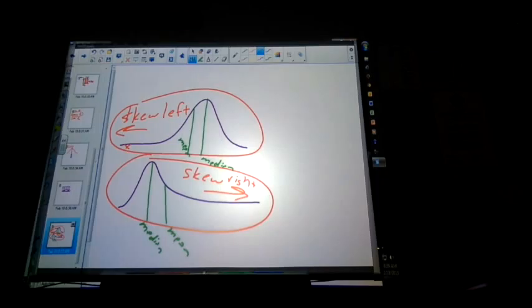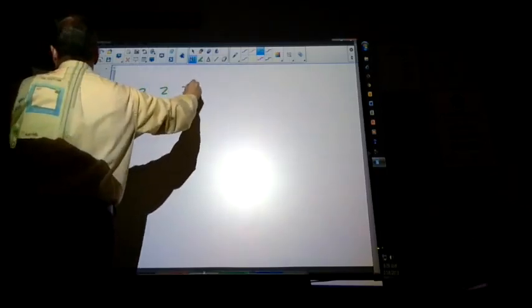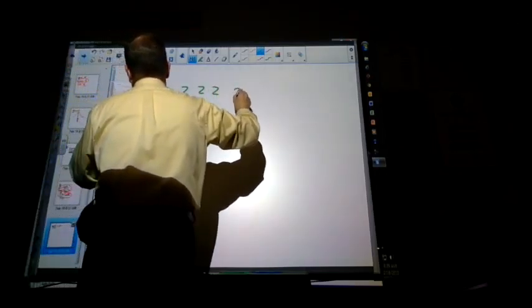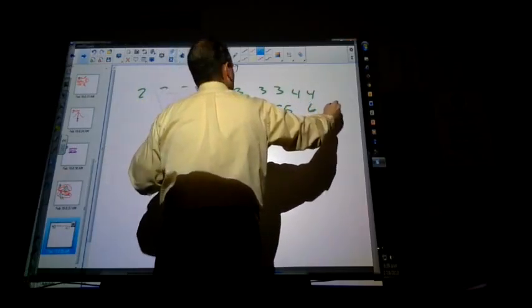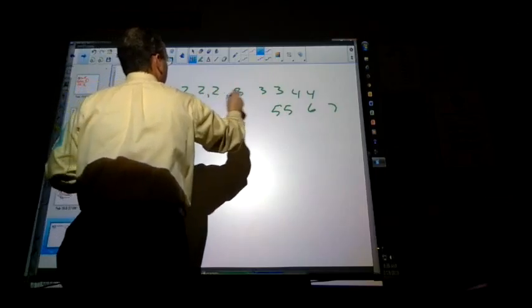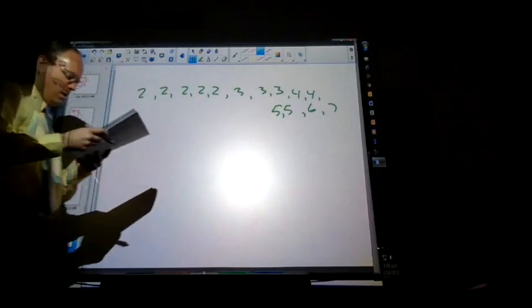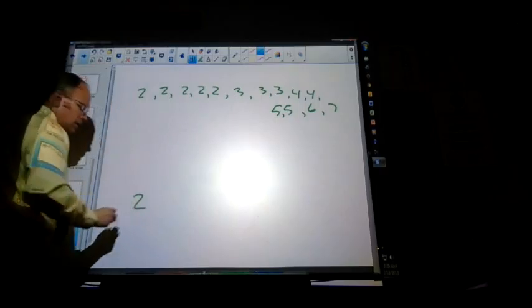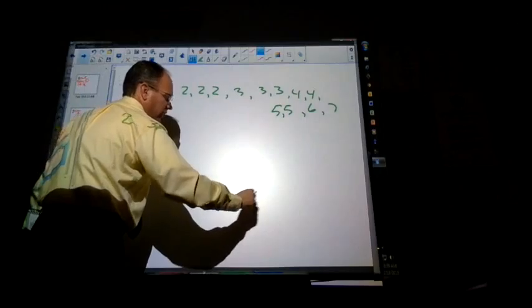And then I think if I work this example, we'll be good to go. Type of distribution. 2, 2, 2. If I wanted to take a look at what this distribution would look like, I have the numbers 2, 3, 4, 5, 6, 7.